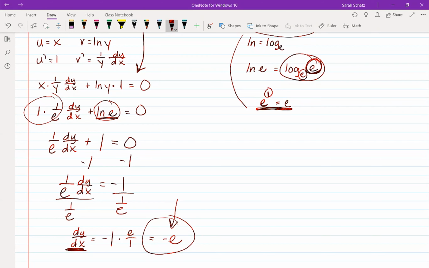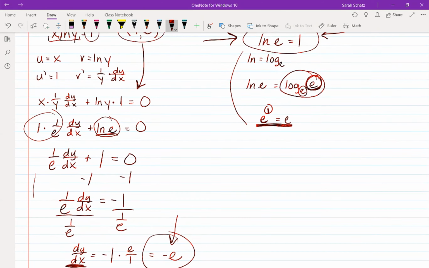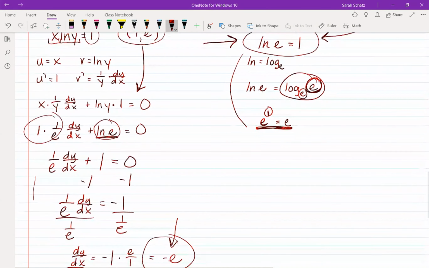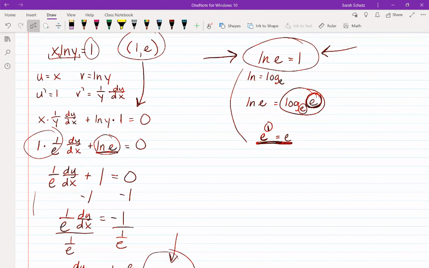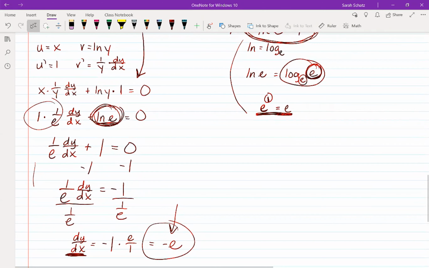So you guys, I'm not going to find the equation of the tangent line on that one. And you wouldn't have to either on a problem like this. I basically wanted to do this one for this very specific fact, because you will see it again. And you guys, even though we did end up with e in our answer, that's okay. It wasn't hard to work with from this point.